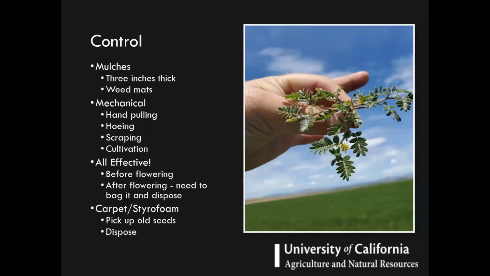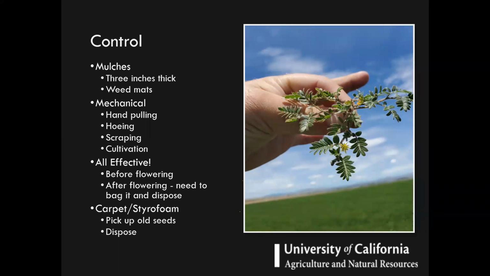As long as you create a barrier that's at least 3 to 4 inches thick, that's really going to prevent any light from getting down to the soil surface, because it's that light at the soil surface which encourages the seeds to germinate. Synthetic weed mats can also be useful for this, although if you bring in goat heads on top of a mulch, oftentimes they will continue to grow on top of that mulch, but it can be something useful.